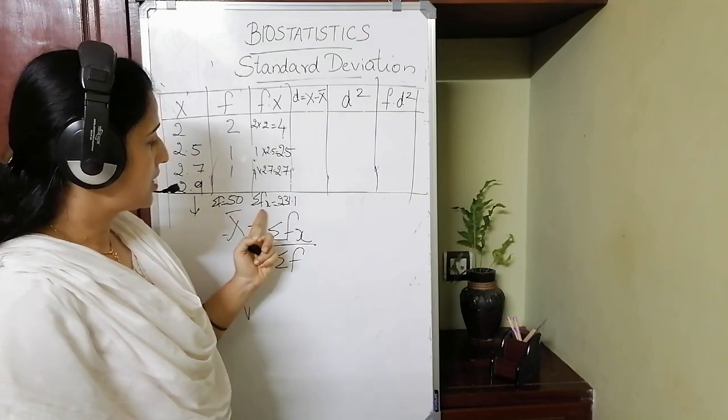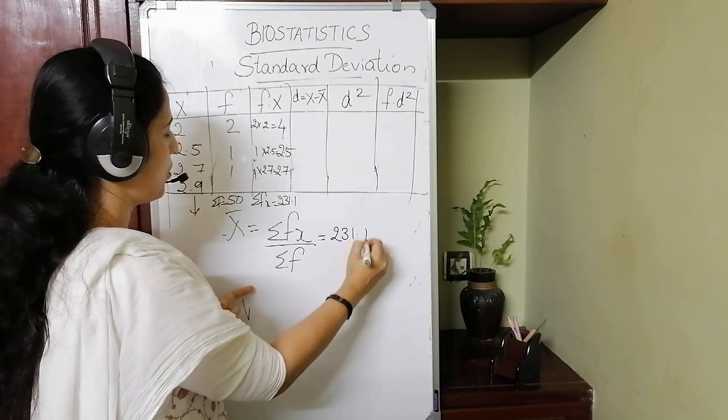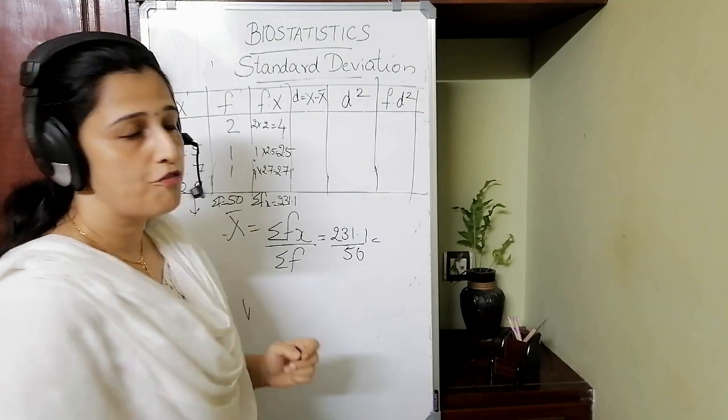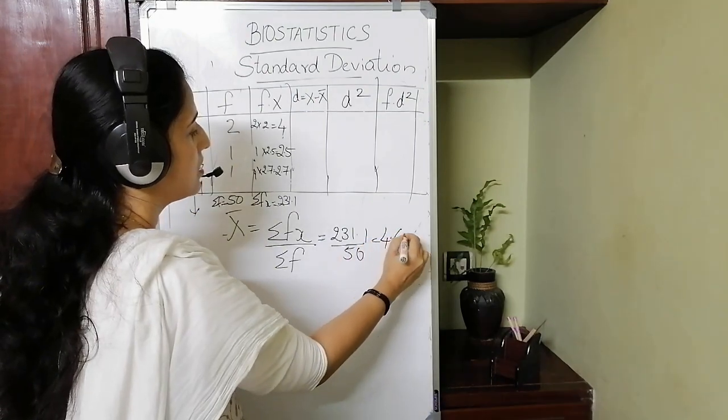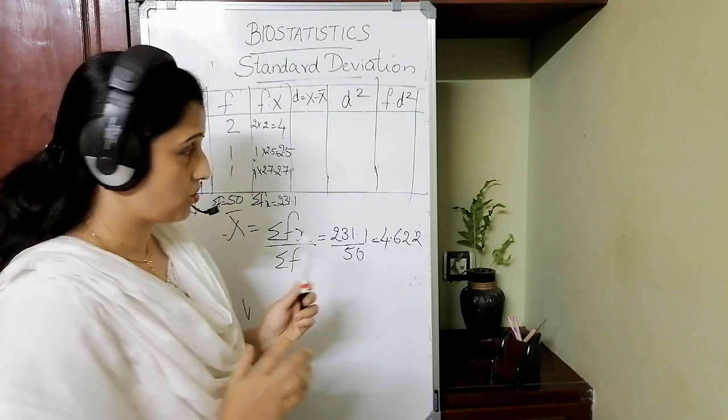So arithmetic mean is equal to sigma fx by sigma f, that is 231.1 divided by 50, and that comes to 4.622. That is the arithmetic mean for this question.